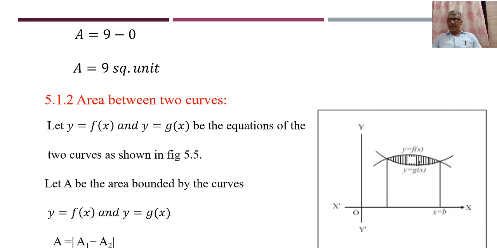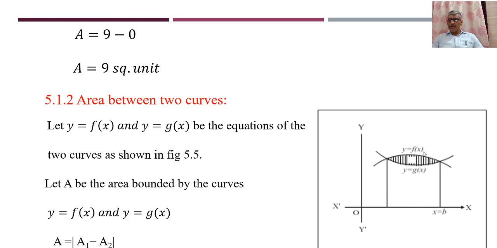Let A be the area bounded by the curves y equal to f of x and y equal to g of x. The area under y equal to f of x is this area, and the curve y equal to g of x lies below, like this.